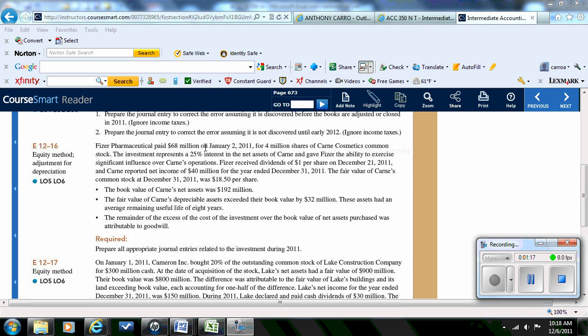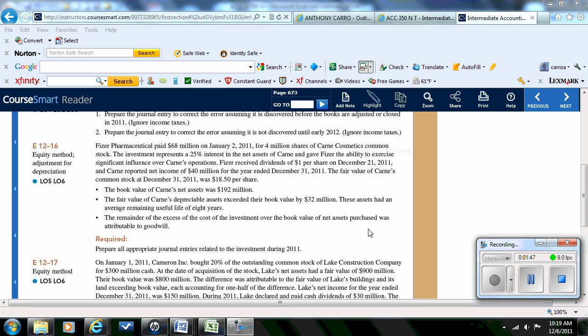So that's $68 million represents their share of the net assets at fair value plus the future earnings of Carney. The equity method recognizes this, and we use it in accounting for the value of the investment account and for equity income for the period.